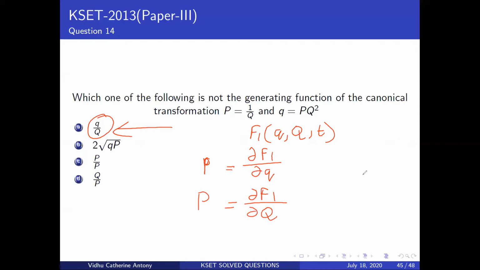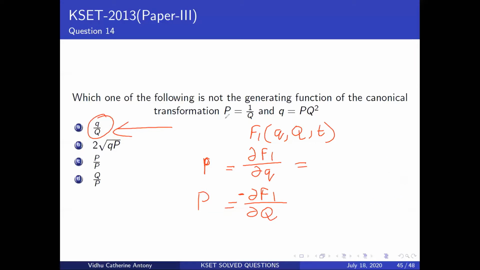If you have a big Q in the denominator, put a negative sign. If you have a little p in the denominator, put a negative sign. Little p's, big Q's, that's what you're supposed to remember. So now I will put a negative sign here.